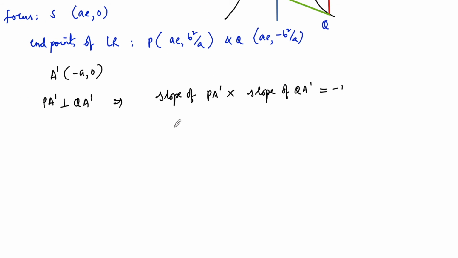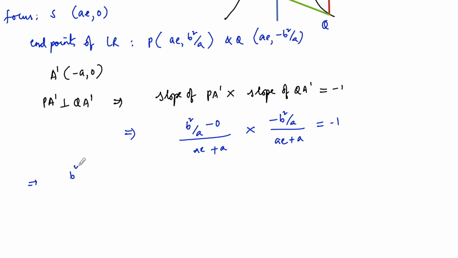By taking the two-point form, (y2 − y1)/(x2 − x1), the slope of PA' is (b²/a − 0)/(ae − (−a)), that is (b²/a)/(ae + a), into slope of QA', which is (−b²/a)/(ae − (−a)), that is (−b²/a)/(ae + a), equal to −1.